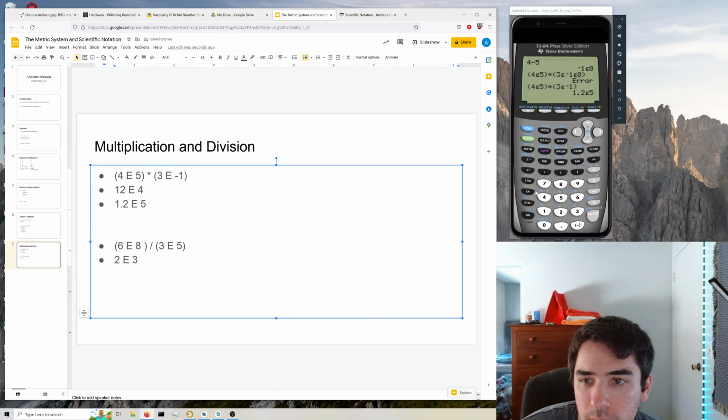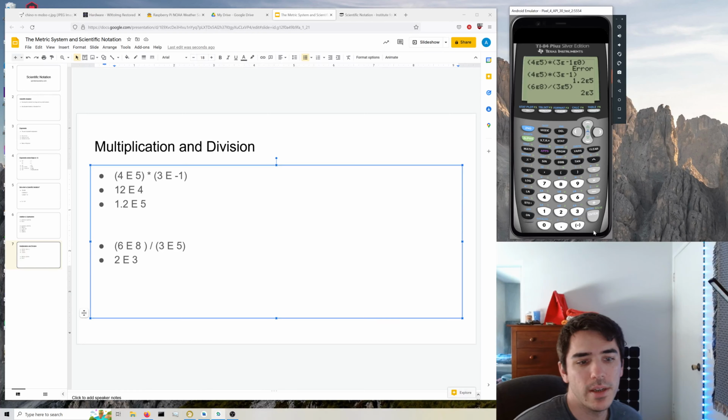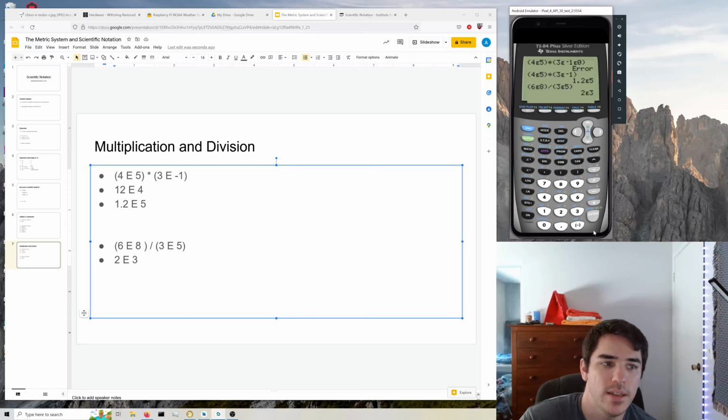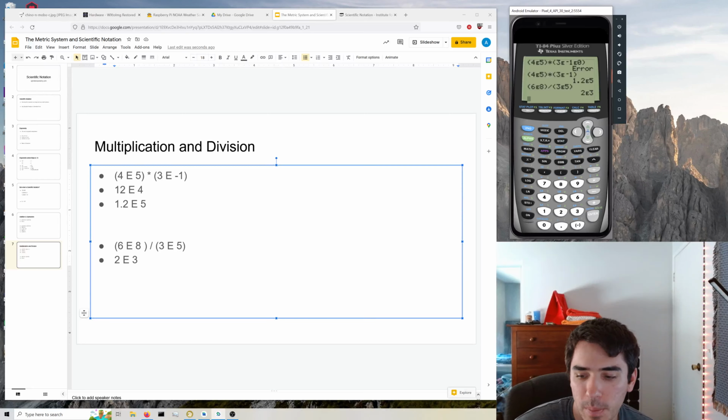And we'll check that. 6 e8 divided by 3e5, and it's 2e3, yeah.